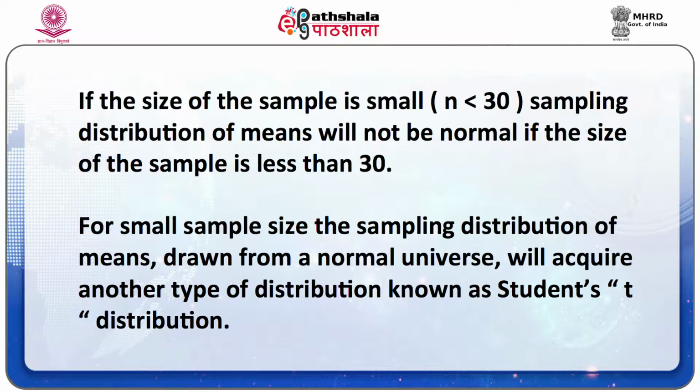We know that the sampling distribution of mean will not be normal if the size of the sample is less than 30. For a small size, the sampling distribution of means drawn from a normal universe will acquire another type of distribution known as student's t distribution.